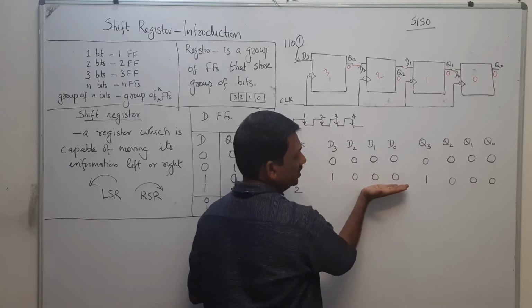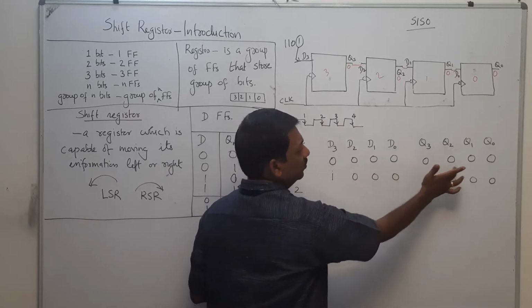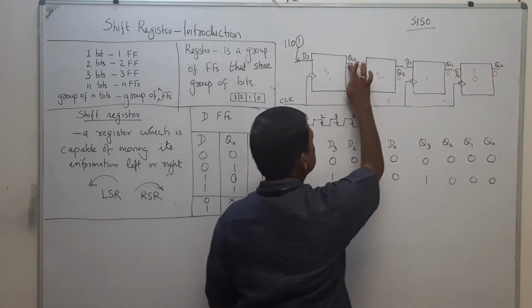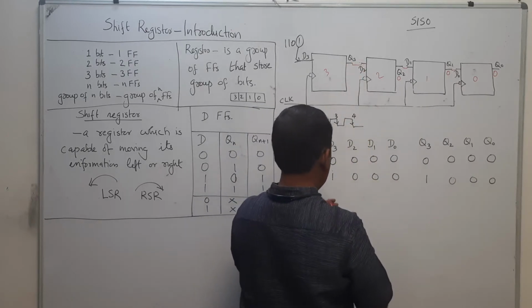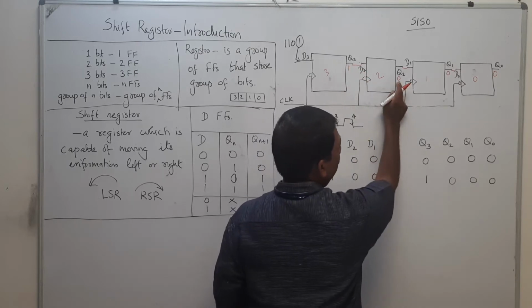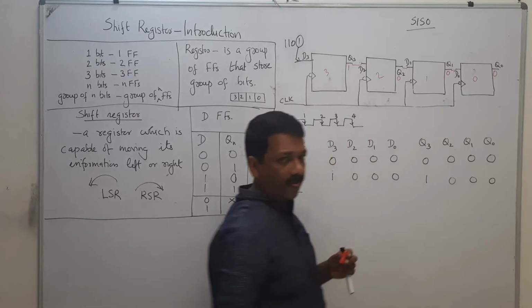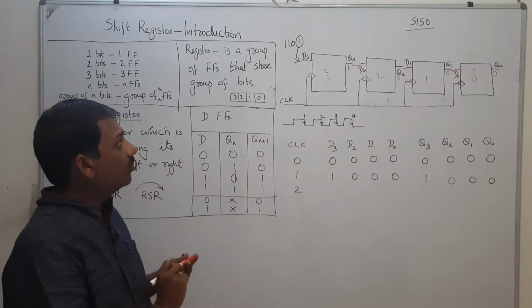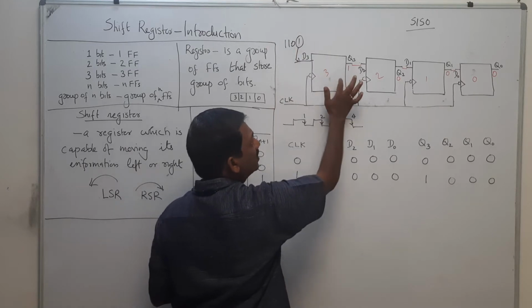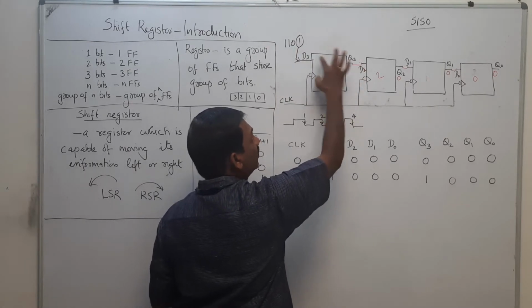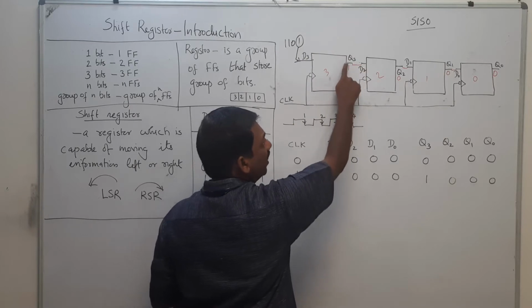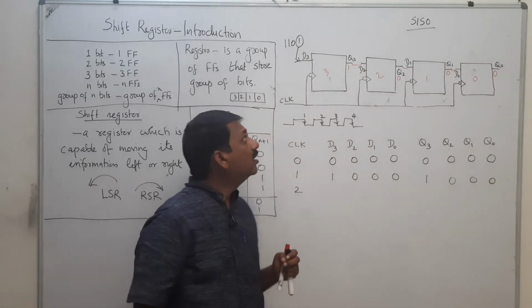After the first clock cycle, the values of Q3, Q2, Q1 and Q0 are 1, 0, 0 and 0. This 1 is stored in this flip flop, and that is why Q3 equals 1.